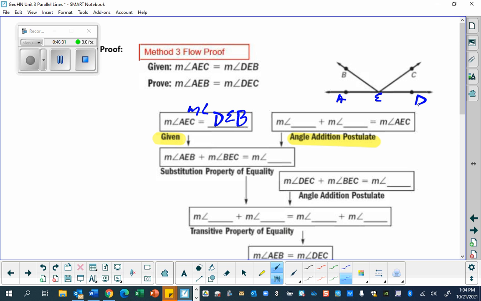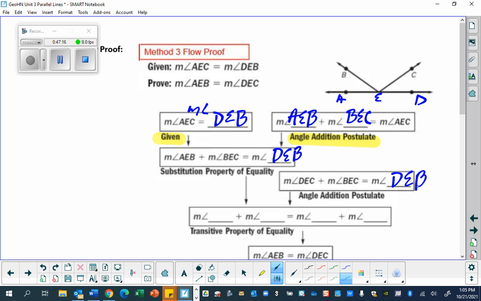So AEC is going to be AEB plus BEC. And then it's kind of nice because visually I can look at those two things together. And because I can see that they are the same, AEB and BEC is now going to have the same measure because I'm going to substitute that in and call that DEB. DEC, BEC is going to be equal to DEB.